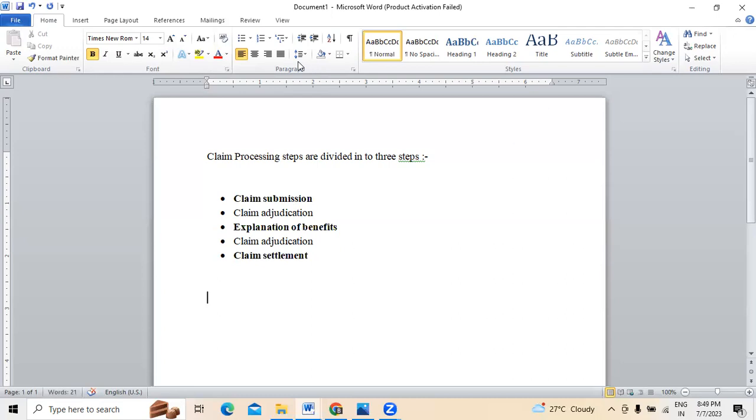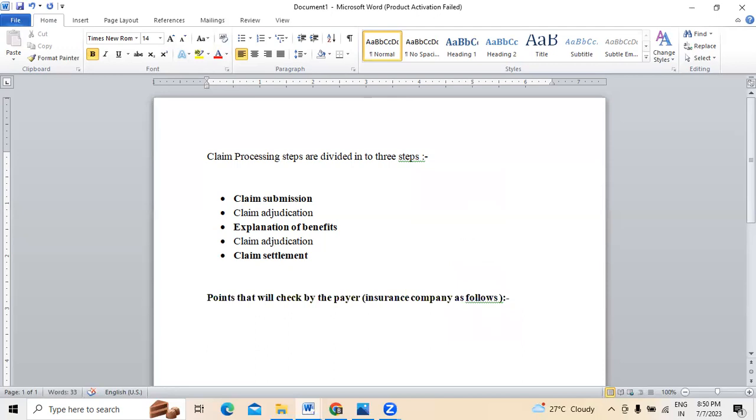The points that will be checked by the payer, nothing but an insurance company, are as follows. Whenever they receive the claim submission, they want to cross check the information, which is what they have to see.